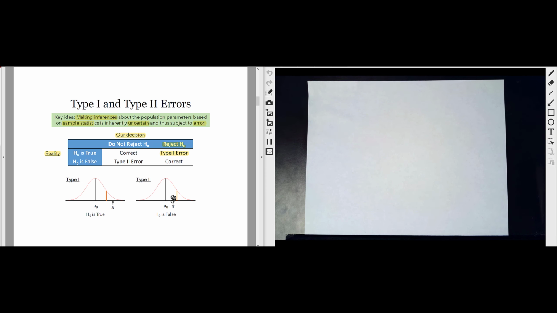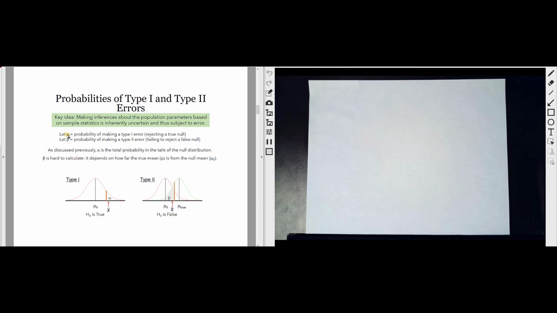And in this case, if we draw a sample whose mean is below the critical value, we will conclude that the null hypothesis is true, or that we can't reject the null hypothesis, even though the alternative hypothesis is true. The null hypothesis is false in this case. All right, so because we can't ever be completely perfect, we're always going to have some amount of type 1 error and some amount of type 2 error.